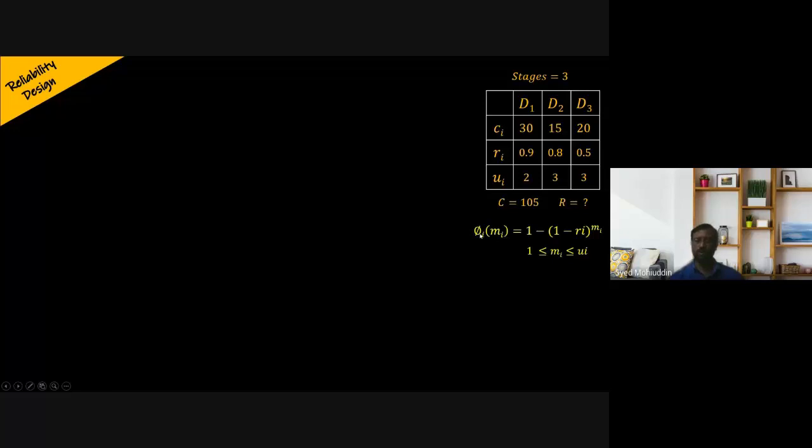we will be using this formula, phi of I of Mi, which is nothing but 1 minus (1 minus Ri) to the power Mi, where Ri is the reliability of each device. So if we are trying to find the reliability of device 1 at stage 1, we will have 1 minus (1 minus 0.9) to the power Mi, where Mi lies between 1 and U. That is, we can use only one device, or at most 2 devices.